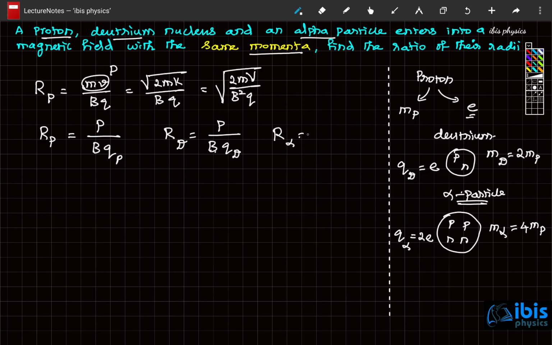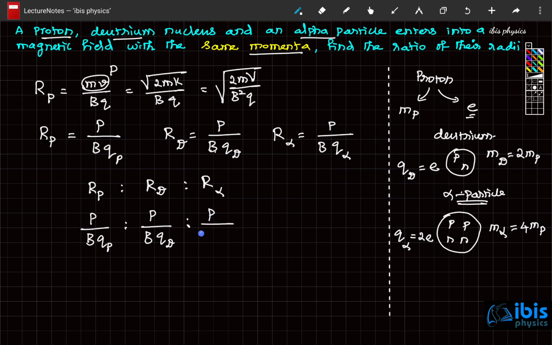The radius of the alpha particle is p, because all three have the same momentum, b into charge of the alpha particle. So r proton is to r deuteron is to r alpha particle is p by b qp is to p by b qd is to p by b q alpha.